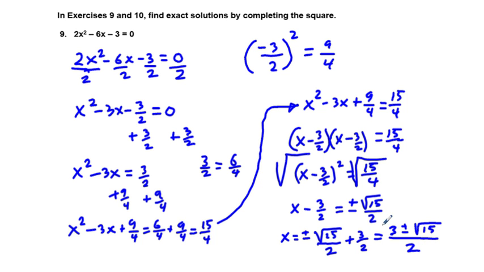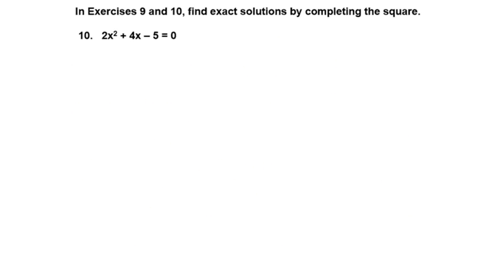So that's going to be our two-part answer, two solutions here. So that's completing the square. And then for number 10, when you work this out, you're going to get x equals negative 1 plus or minus square root of 7 over 2.